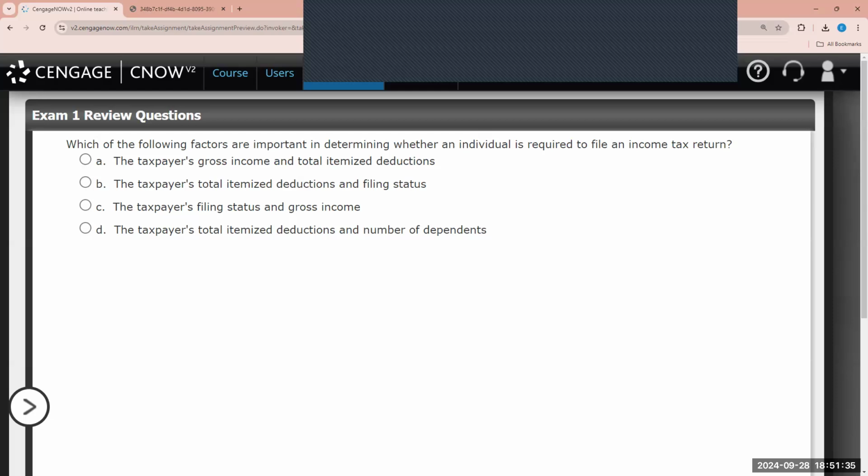So there's a series of things that you will essentially ask them to be able to determine whether or not they actually need to file. So there are several conditions that must exist before a taxpayer is required to file a U.S. income tax return. And again, the key thing is that these conditions primarily relate to the amount of the taxpayer's income, as well as the taxpayer's filing status. So the correct answer is C.